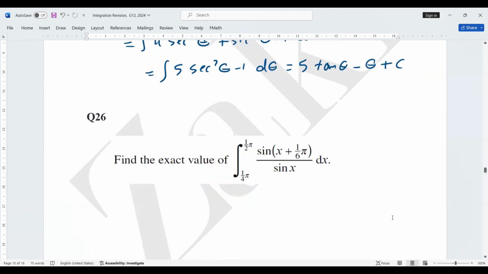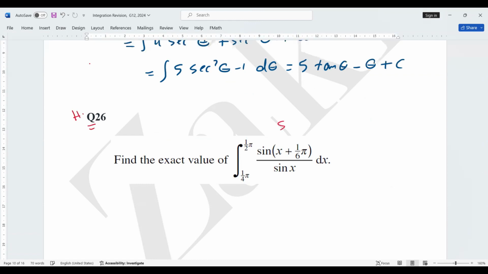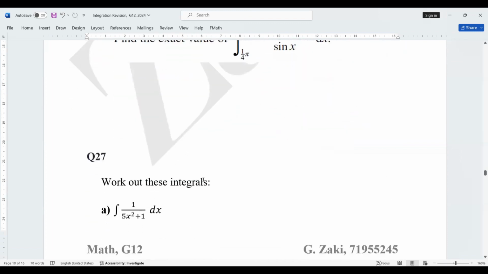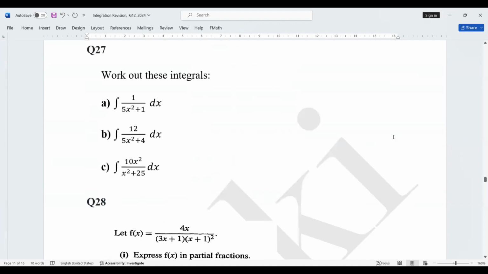Now, you have to expand sine of x plus y. So this will be homework for you. Use sine a plus b, which is sine cosine, cosine sine, to solve this one. Now, let's work out number 27. How can we solve this?